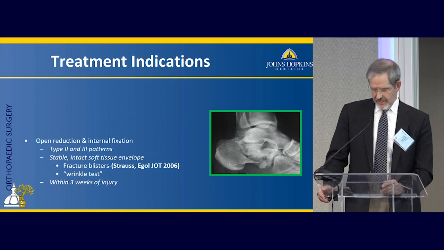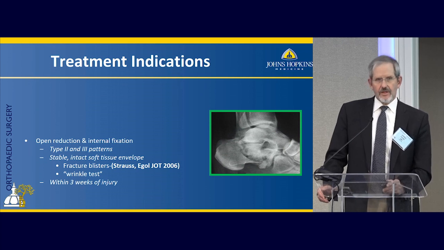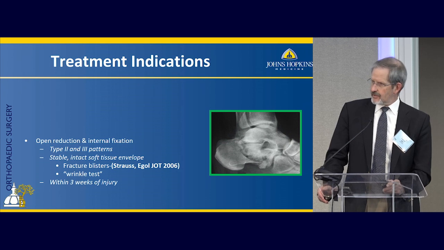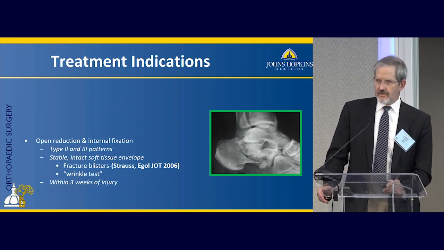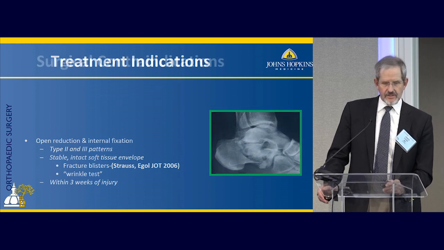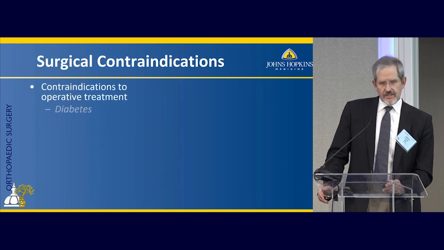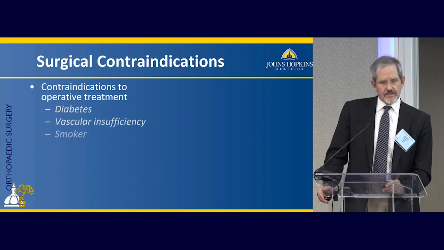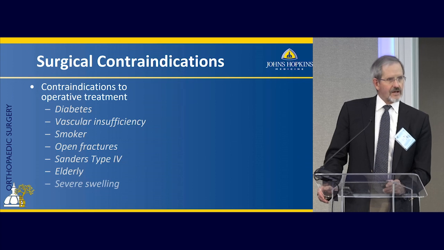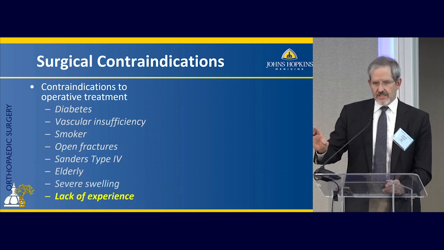The challenge today was to talk about whether we use a sinus tarsi approach, minimally invasive approach, or an extensile lateral. If it's within a few weeks and everything is mobile, then you can approach sinus tarsi. But if the skin doesn't let you, or the patient's conditions don't let you, then you really have to do an extensile lateral. Contraindications we've talked about are diabetes, vascular insufficiency, smoking, and open fractures for fixation.